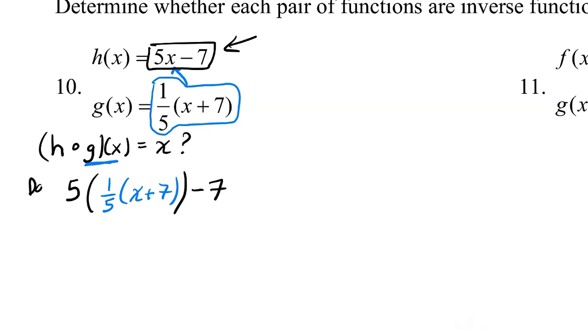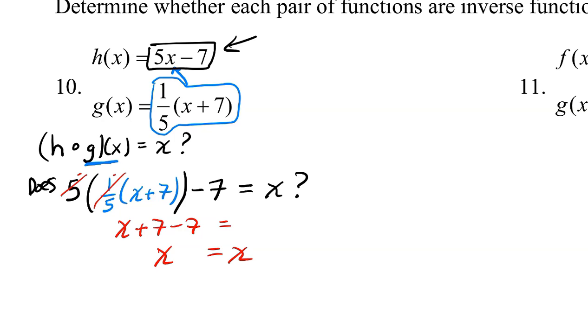The question is, does what I've written equal x? So let's simplify it. We have 5 times 1/5, so these are going to divide out. So we have x plus 7 minus 7, and then we have x, and x equals x. So that's a really good sign.